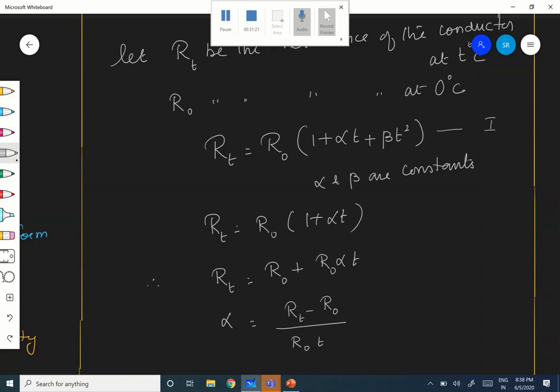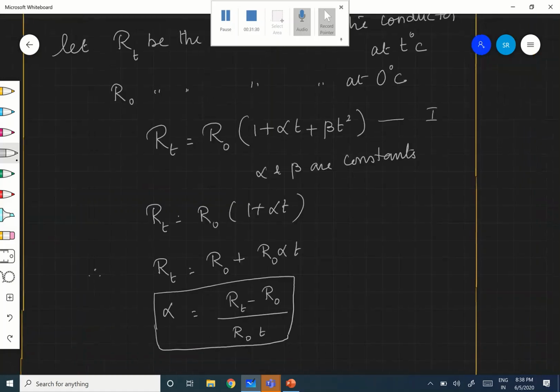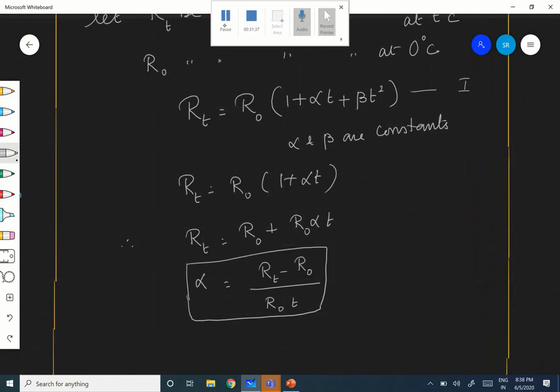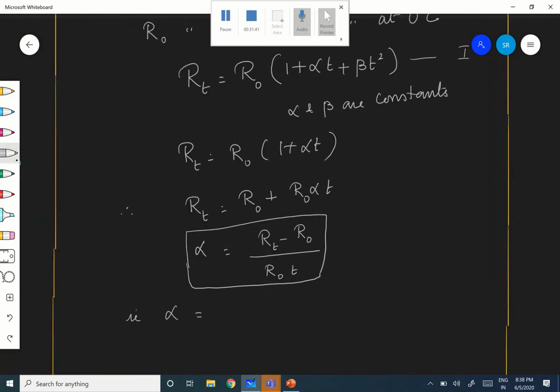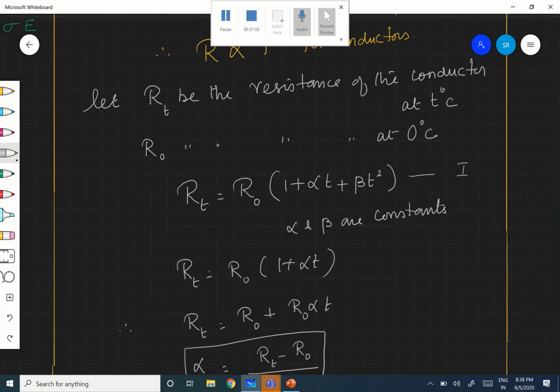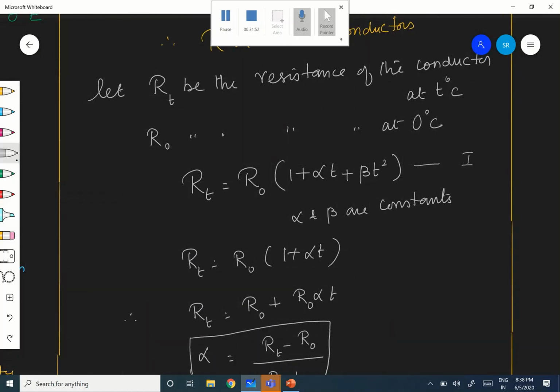Okay, it's a very important relation, children. That is, alpha is equal to (R_T minus R_0) divided by (R_0 into T). Now you know very well, for a conductor, T is in degrees Celsius and the reference is 0 degrees Celsius.